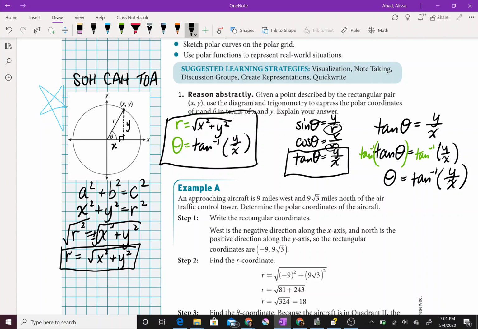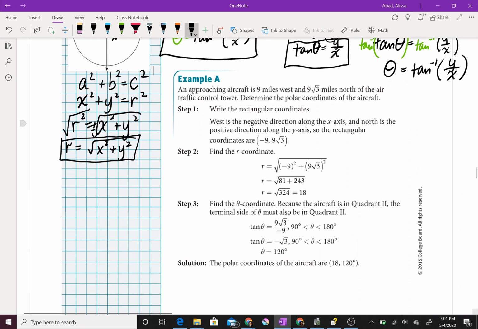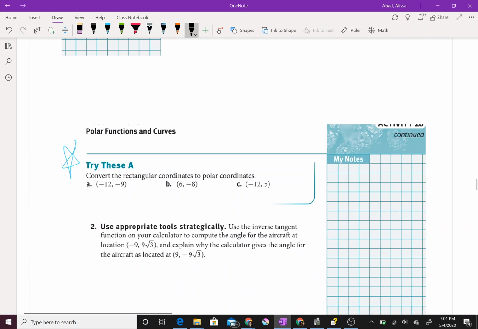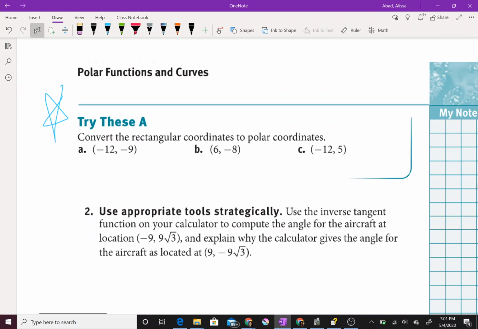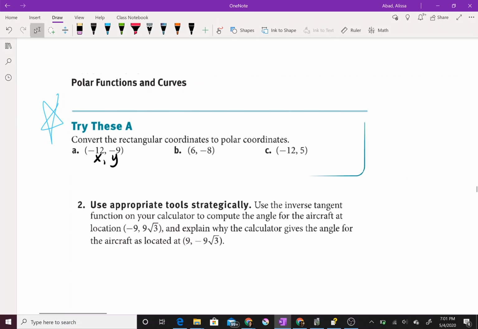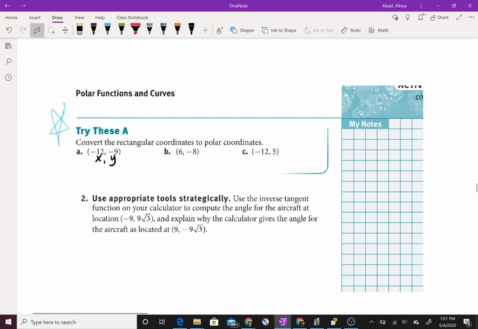Okay, I am going to refer back to that with doing a couple of examples. We're going to just look at one example together, and then you'll be able to practice some more with the assignment. So we're going to convert -12, -9 to polar coordinates. So that's our x and y. And I'm going to bring back again that formula that we put together.